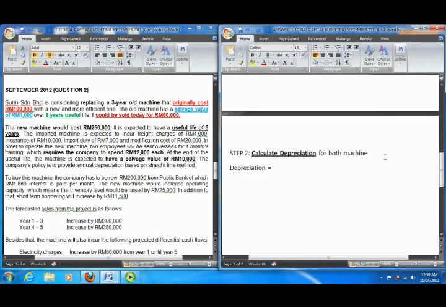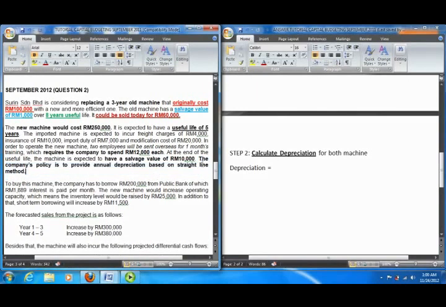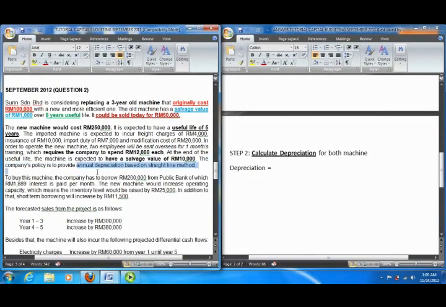You have two methods to calculate depreciation, which are the straight line method and the reducing balance method. Based on this company policy, as you can read in the question, the company policy is to provide annual depreciation based on the straight line method. Alright class, annual depreciation is based on the straight line method.